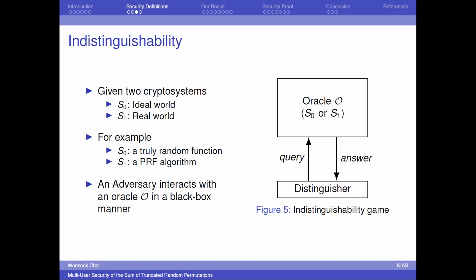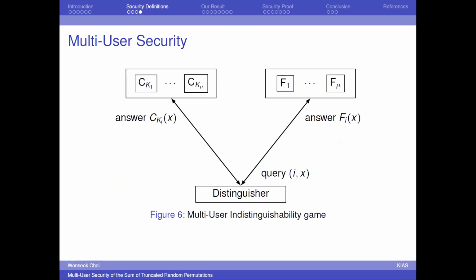Here, an adversary, or distinguisher, interacts with an oracle in a black-box manner, so it only knows its queries and answer pairs. In our case, we consider multi-user security. So there are mu users. Each user has independent keys, and in the ideal world, they also have independent random functions.